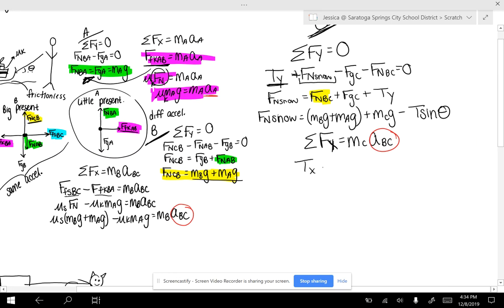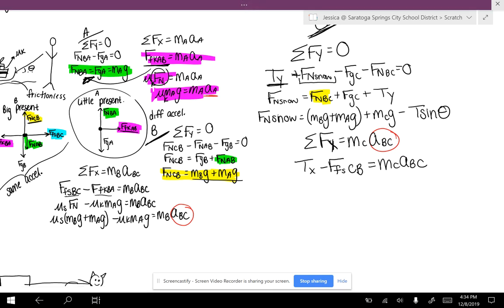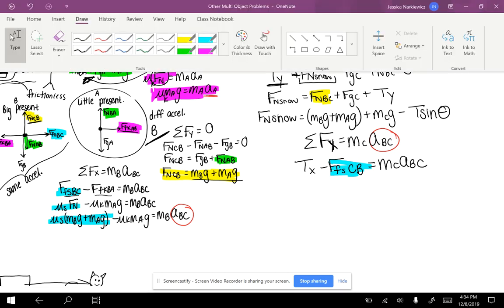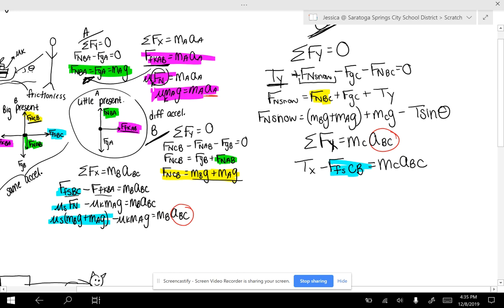So tension in the x direction minus a force of static friction between the sled and the big present, m_C a_BC. And that force of static friction is our fourth and final Newton's third law force.